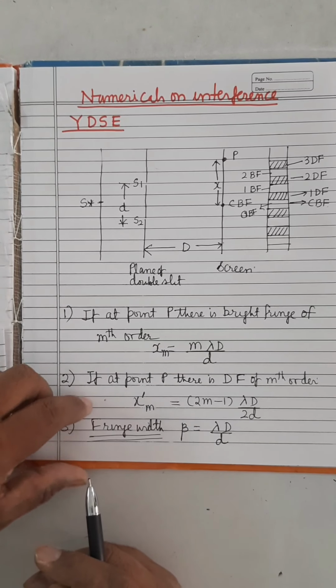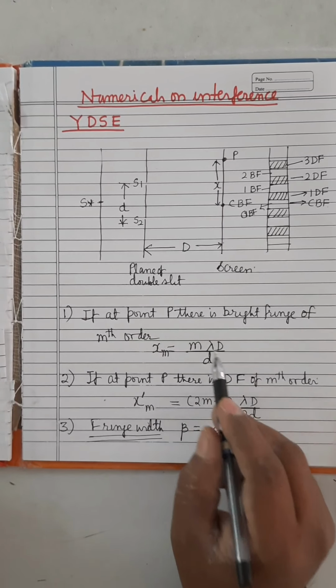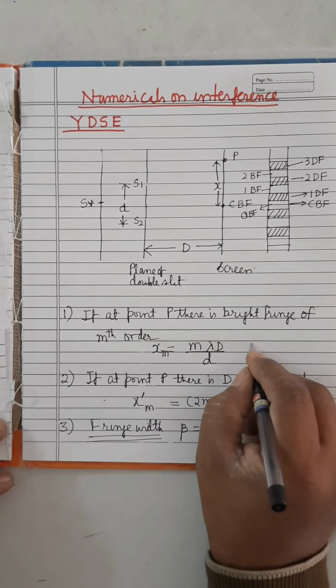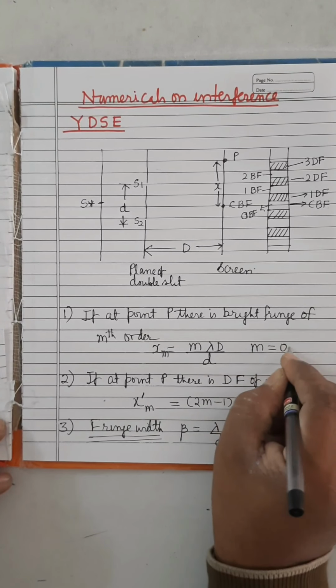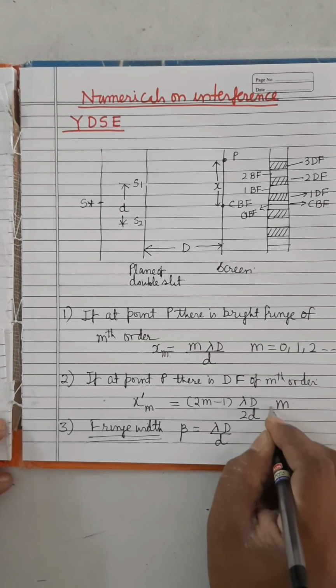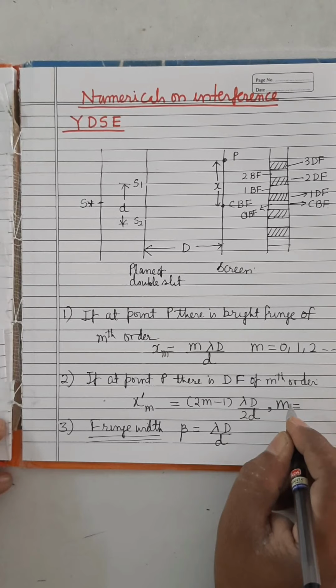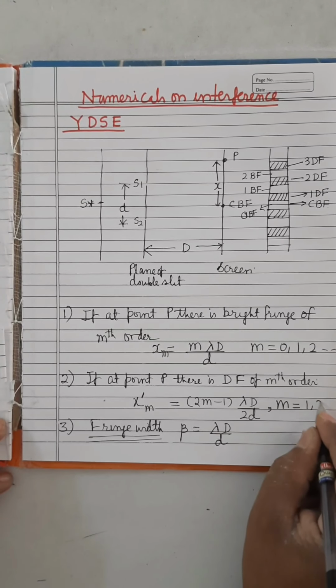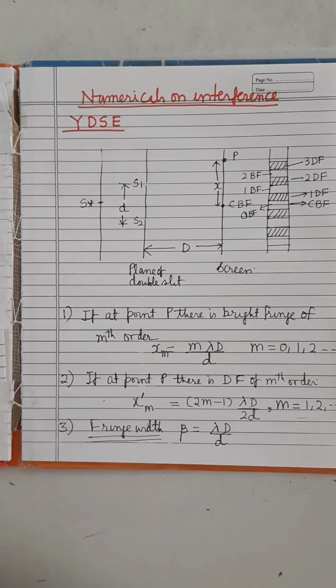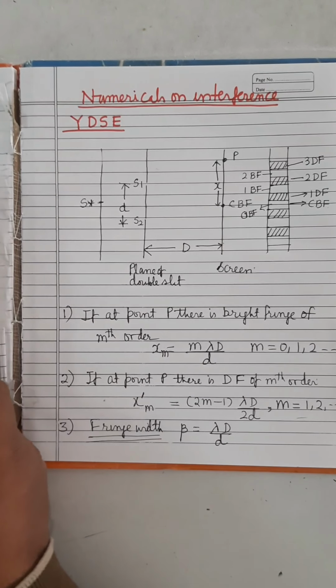It is clear. Now a bright fringe will form when the path difference is an even multiple of lambda by 2 or it is 0. Here m begins from this. While a dark fringe will form when the path difference is an odd multiple of lambda by 2. So now we will do some numericals over this.